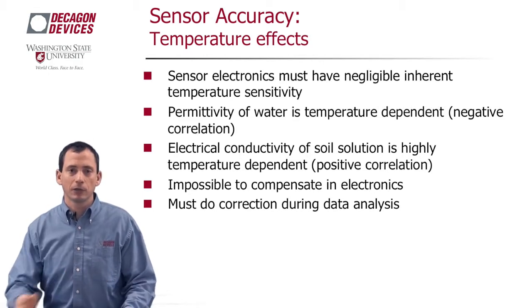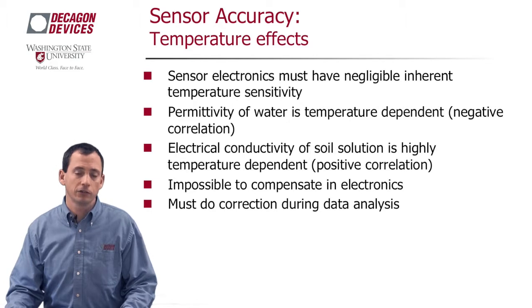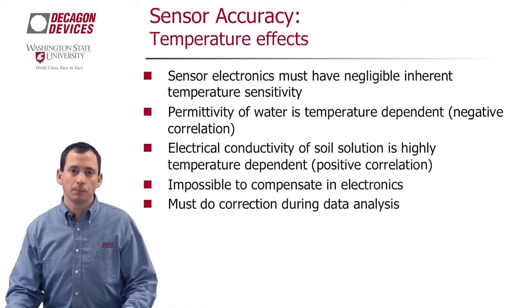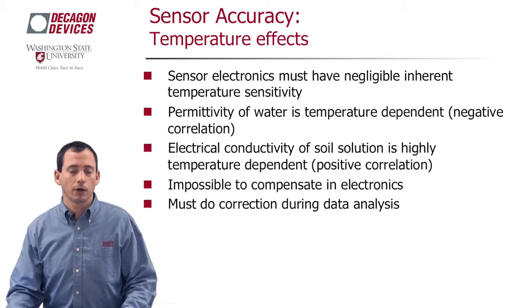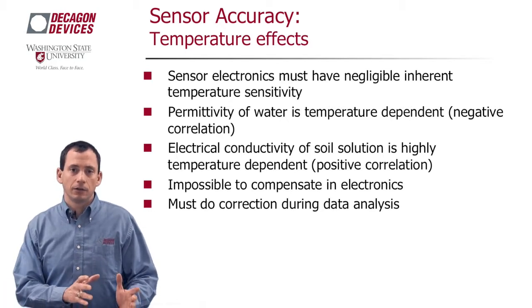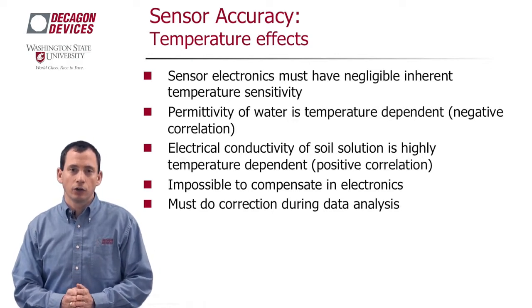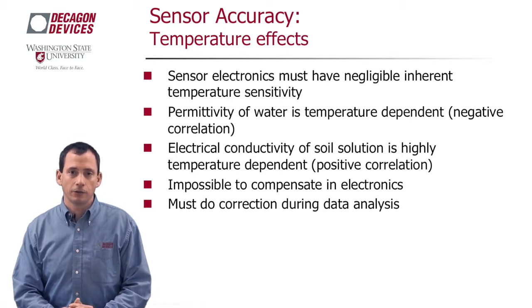If you're in kind of a middle range of electrical conductivity, then maybe those two effects cancel themselves out. And we've certainly seen this a number of times, that in some soils that have low to medium electrical conductivities, there's really no sensitivity to temperature at all. The bottom line here is that the temperature sensitivity that you see in your data set is probably dependent on the soil type.